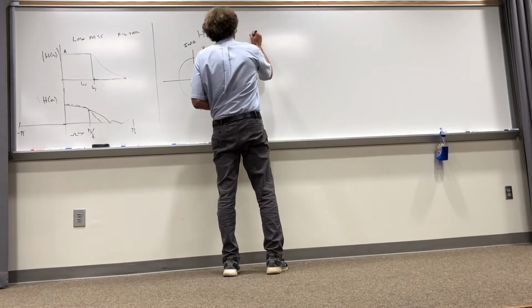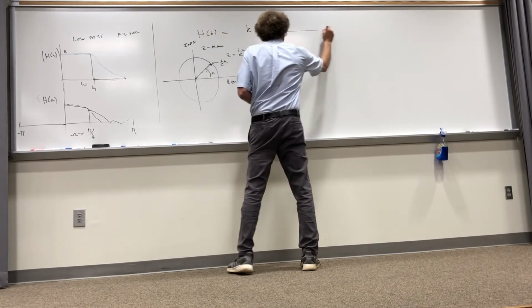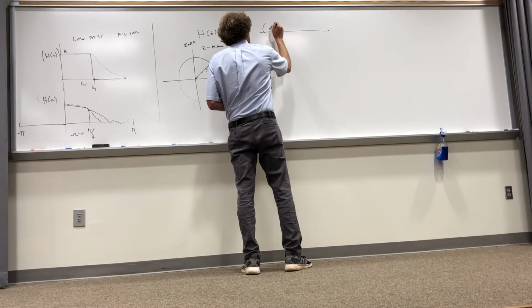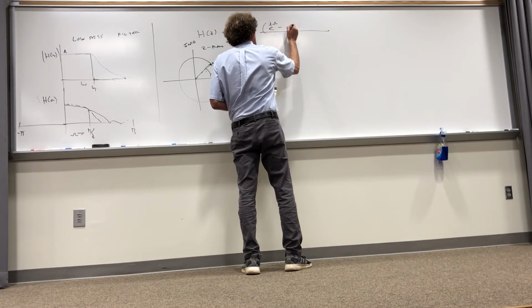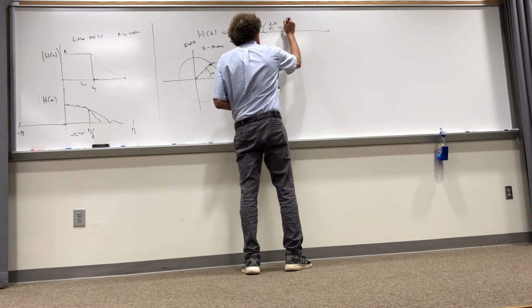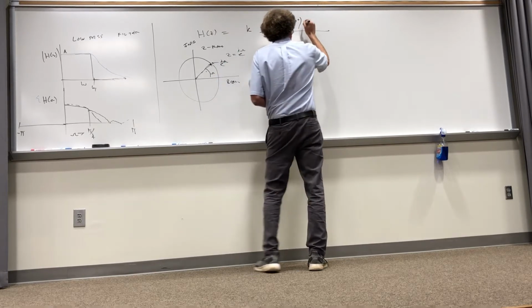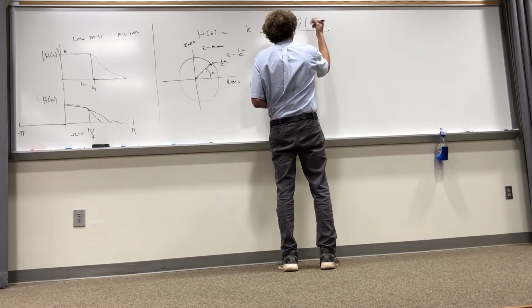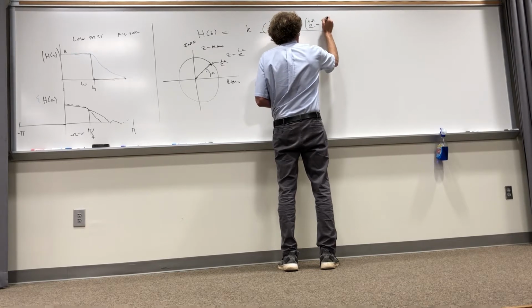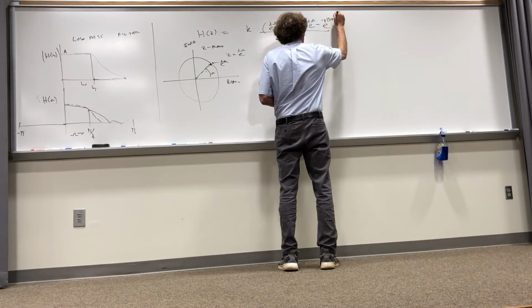So this is really going to be some constant k. And then I'm going to have e to the j omega minus e to the plus j 139 degrees. I don't know what that is in radians, but I chose degrees because the book does it this way and it's a little more obvious when I'm saying things. e to the j omega minus e to the minus j 139 degrees.